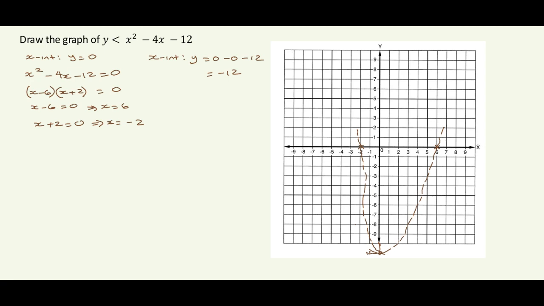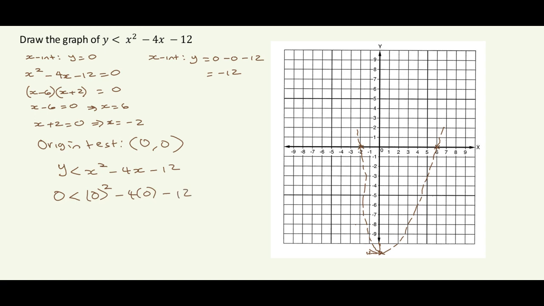Now, we're going to use the origin test. So the origin test, we use the point 0, 0 as a test point. So y is less than x squared minus 4x minus 12. So 0 less than 0 squared minus 4 times 0 minus 12.